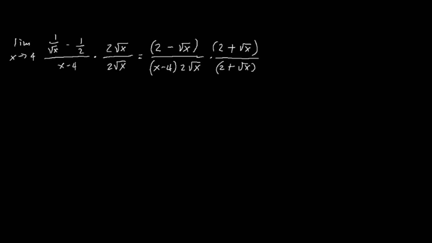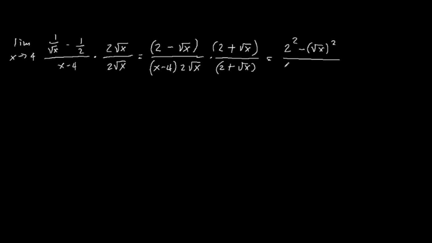And then if we FOIL this, 2 minus square root of x times 2 plus square root of x is equivalent to the square of the first followed by a negative sign and the square of the second term, which is 2 squared minus the square root of x squared.